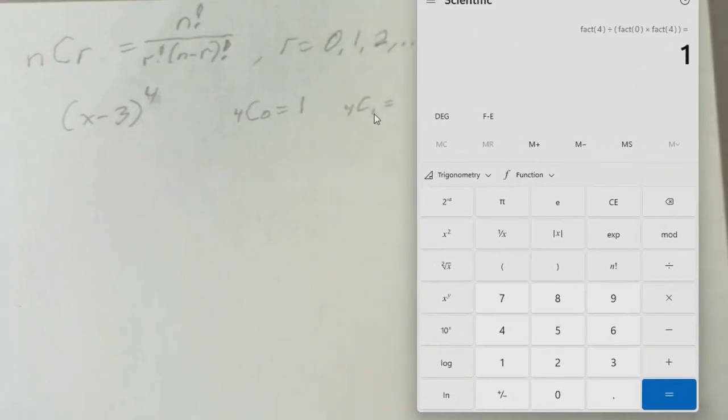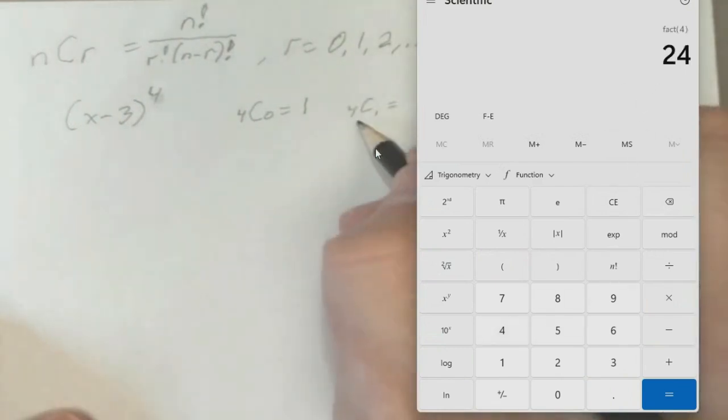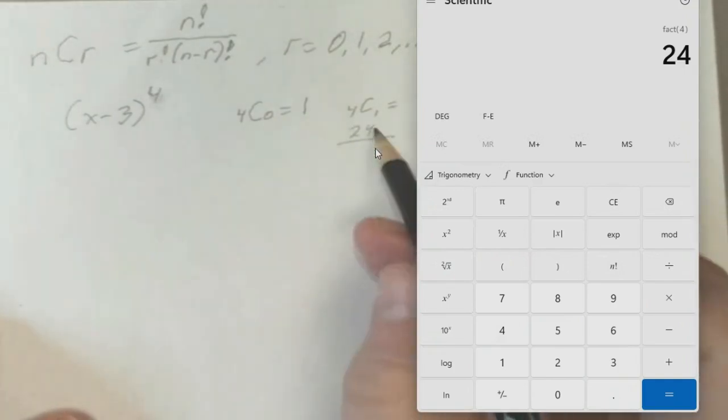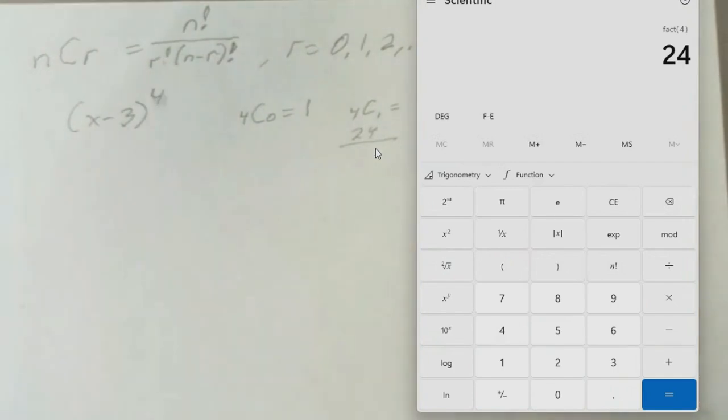All right, let's look at the second one here. r is now 1. So we're still going to have 4 factorial on top, which is 24. 24 divided by r factorial. Well, 1 factorial is just going to be 1.